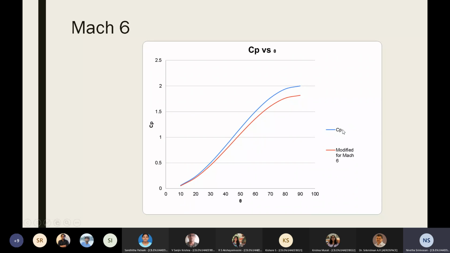This is for the Newtonian method, and this is for the modified Newtonian method for Mach 6.